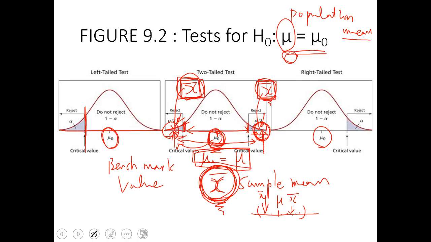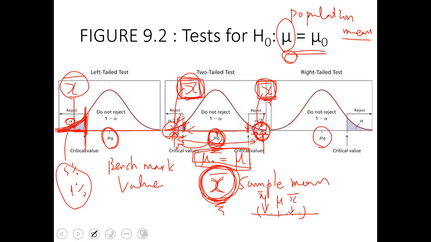Okay? For the same reason, if the sample mean is located in this left-tailed area, the probability that x bar is located in this area is alpha. And this alpha is very small, 5% or 1%.